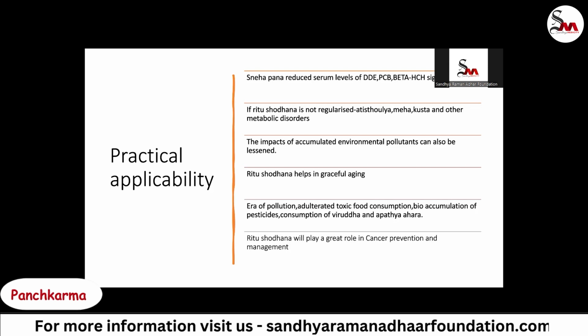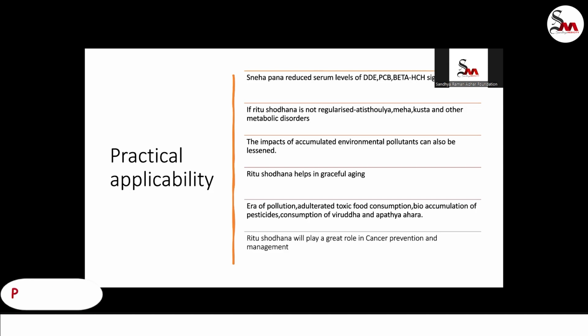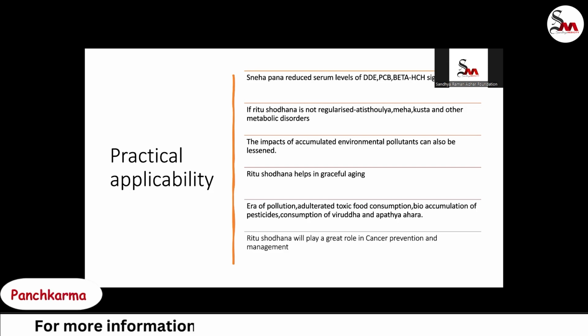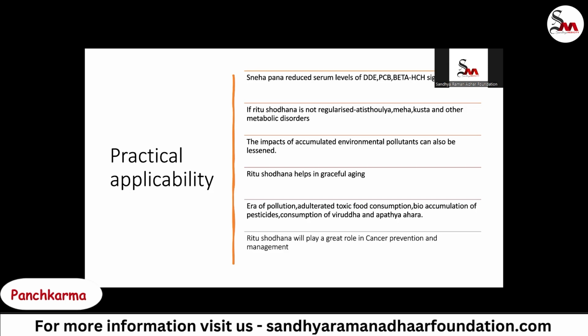One reason for that is the mist or the fog which gets accumulated, and also pollution plays a very important role in respiratory disorders. So when we do Ritu Shodhana, whatever accumulated environmental pollutants are there inside the lungs or in the respiratory system, we effectively remove them, so that the patient feels better after the Ritu Shodhana.